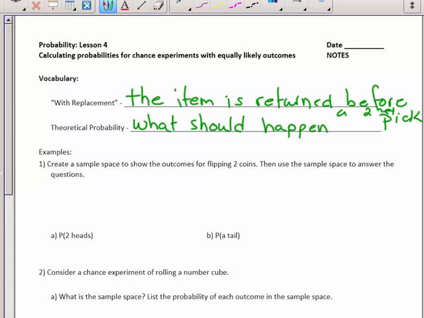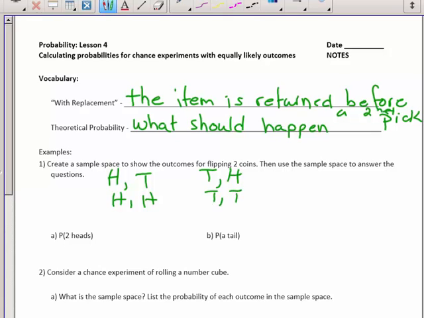Create a sample space, which is what we worked on yesterday, to show the outcomes for flipping two coins. So my outcomes can be, I can get heads on the first and tails on the second. I can get heads on the first and heads on the second. Or I can get tails on the first, heads on the second, or tails and tails.